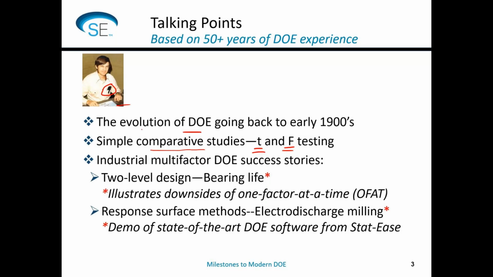So we'll talk a little bit about these simple comparative experiments, which already are very powerful, but are quite limited, of course, with only one factor either at two levels or one factor at multiple levels. So then we'll finish up with the really modern tools that become much more effective by doing multi-factor approaches.